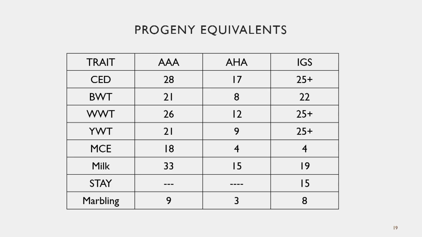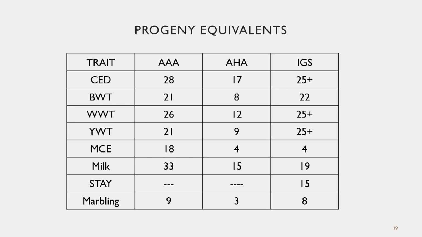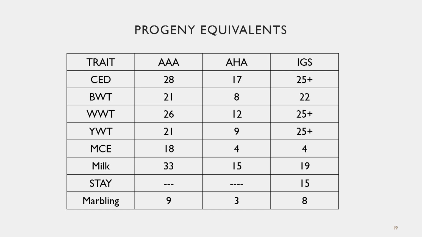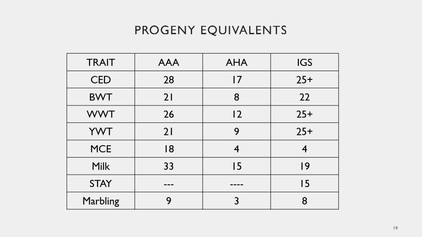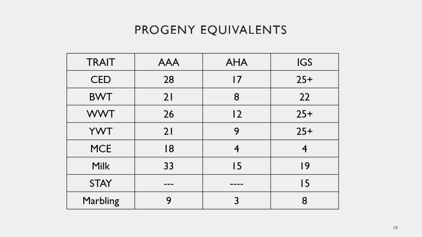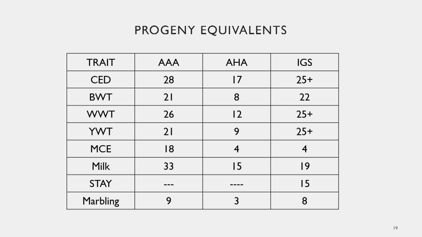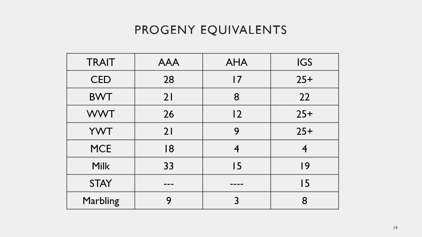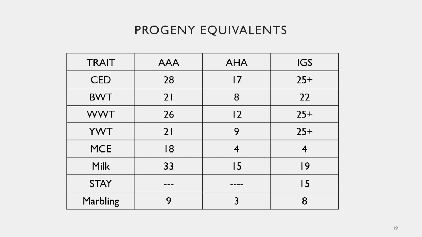I don't want you to compare the columns across organizations, but what I want to point out is that's stayability, the progeny equivalent of 15. That says on a yearling animal that has not yet been exposed to females, we can have an accuracy of their stayability EPD as if they already had 15 daughters out there in production. Okay, that's a substantial increase in accuracy.